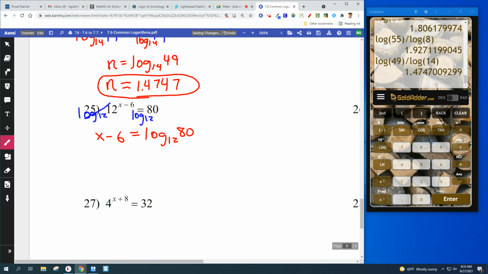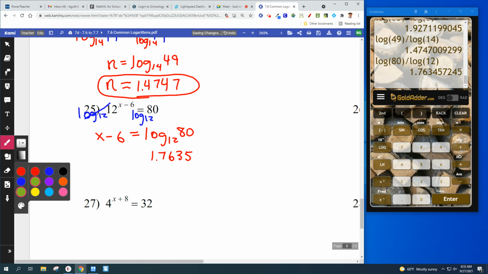Okay. So we're going to do our change of base, right? Log 80 over log 12, 1.7635. Maybe we should make a note.